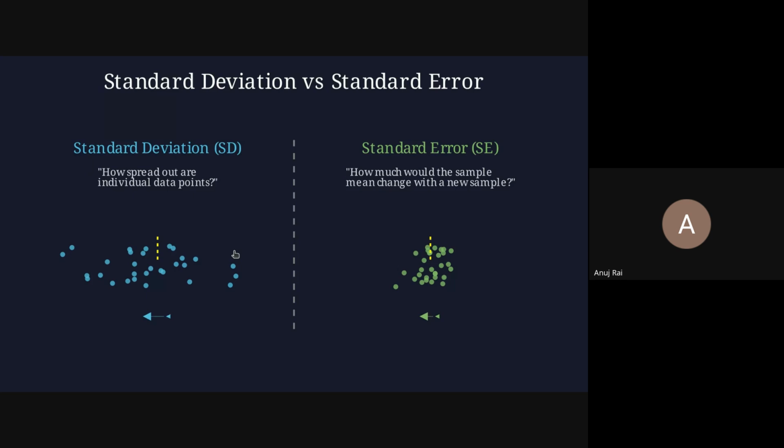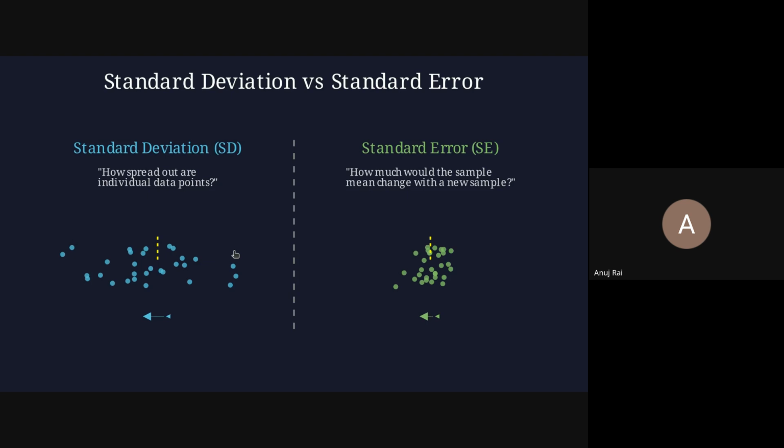Then you collected another round of 20 customers. Now its average is around, let's say, 25 dollars. So with the next batch, you can see that there is a change of $5 in the average.